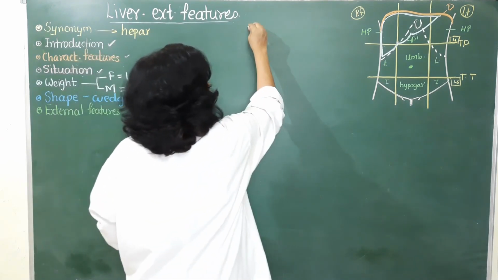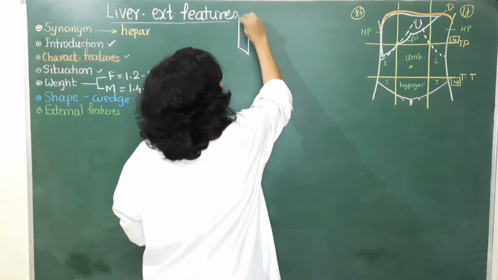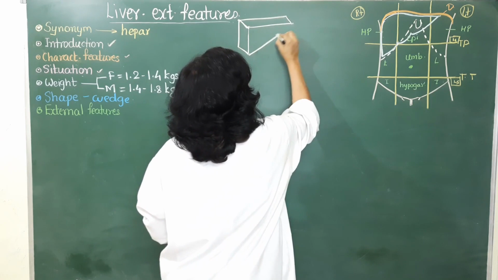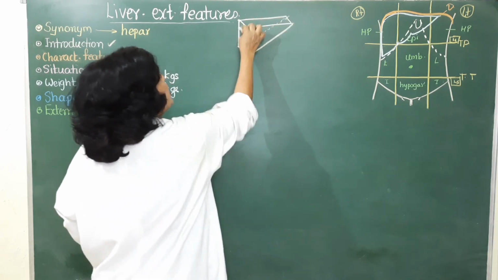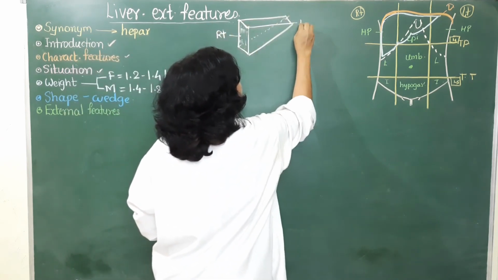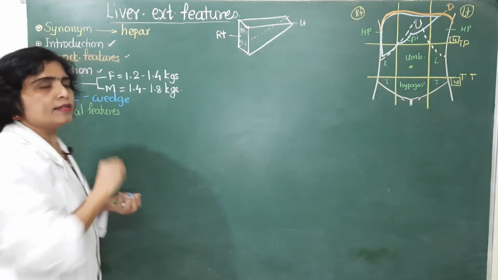If we draw here the wedge shape, it is like this. The base of the wedge faces towards the right side, and the apex of the wedge faces towards the left side. Now coming to the external features.